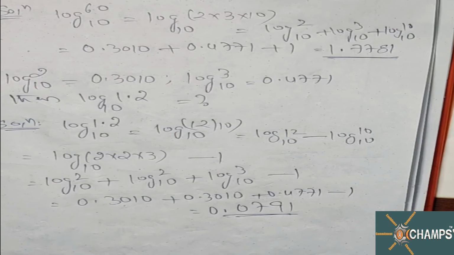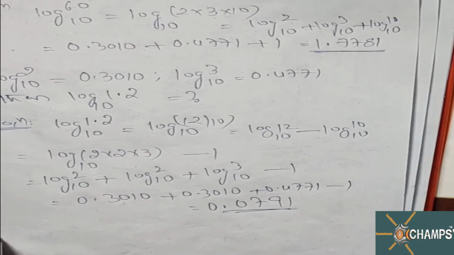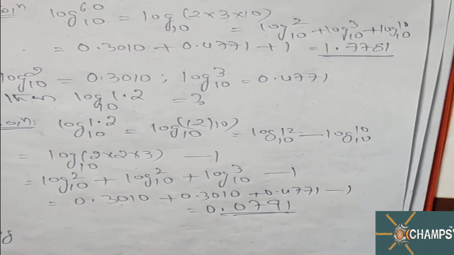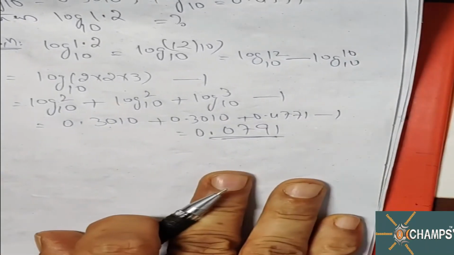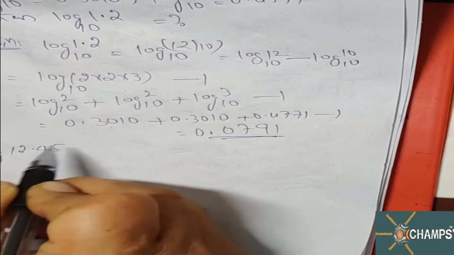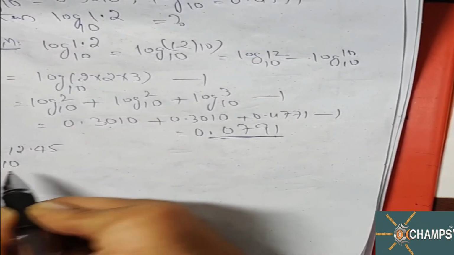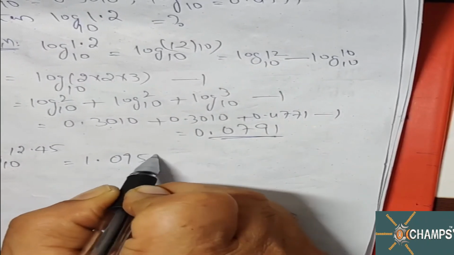Next question. Log 12.45 to the base 10 is equal to 1.0952.